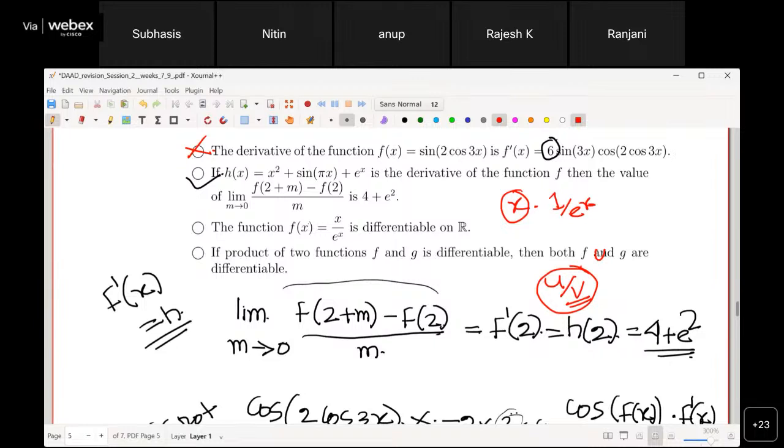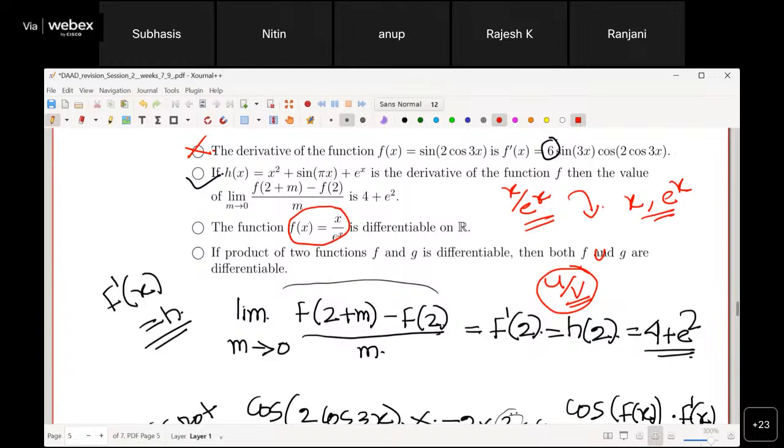Then you can say that the product is differentiable. And here also, x times e power x is differentiable, from there you can say that x is differentiable, e power x is differentiable. So this is true only for this function.